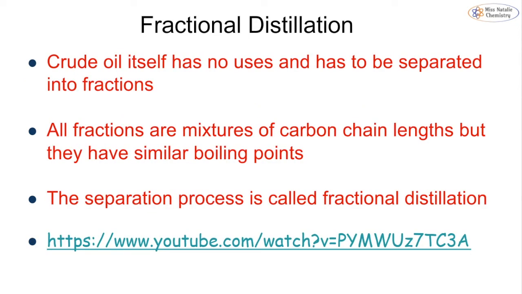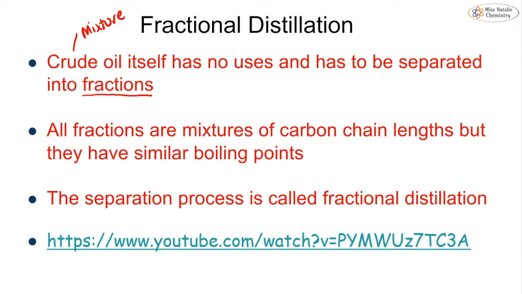So crude oil itself has no actual uses. The black sticky substance is not what we actually use in our everyday life. What we have to do is separate the crude oil, because remember, it is a mixture and we want to separate it into specific hydrocarbons, and we call these fractions.